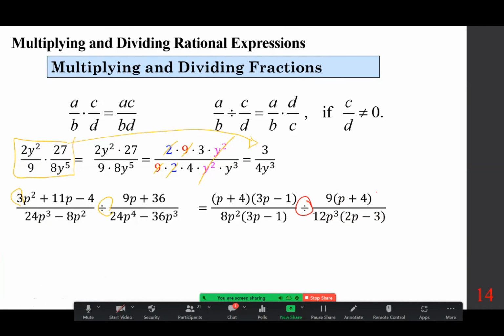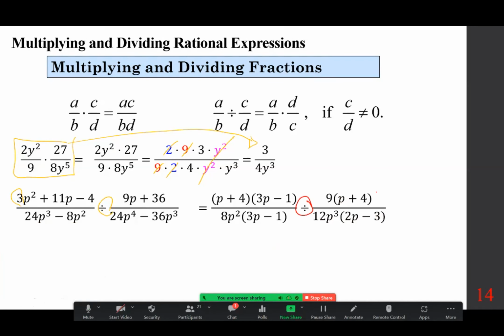Now, as you can see, certain things cancel each other. For example, p plus 4 cancels out p plus 4, and 3p minus 1 cancels out 3p minus 1. We have 12p cubed at top and 9 times 8p squared.